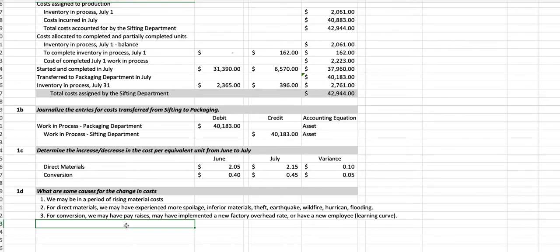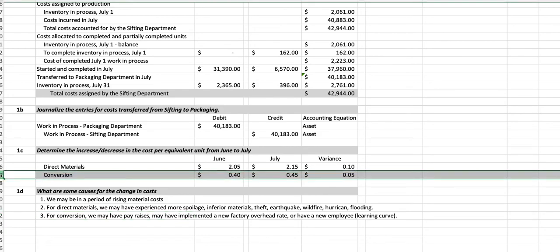Innovation also embraces this concept of collaboration and trial and error, curiosity and risk-taking, and all of those elements are really the opposite of efficiency. So I kind of got off track there, but for conversion, just having a new employee can decrease effectiveness and efficiency and increase your conversion costs.